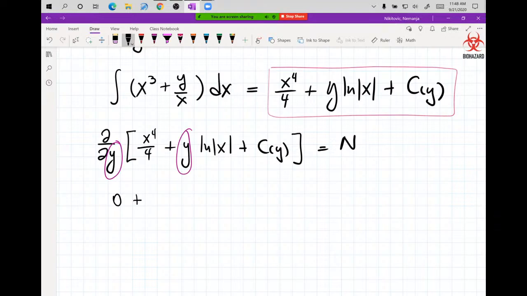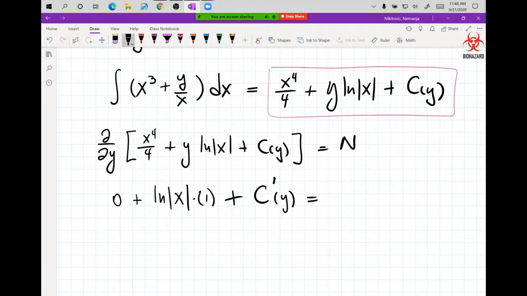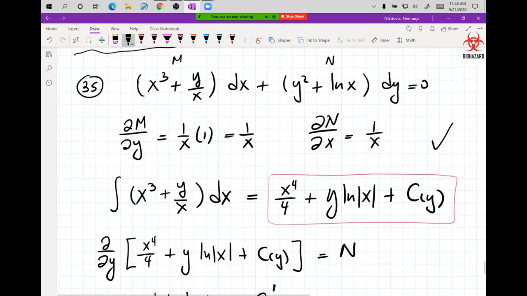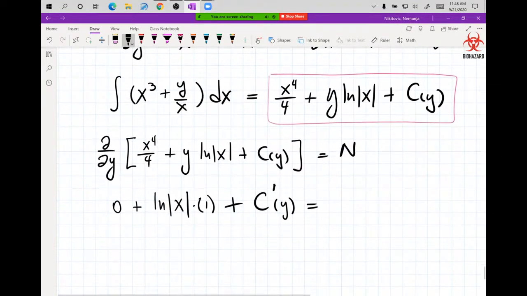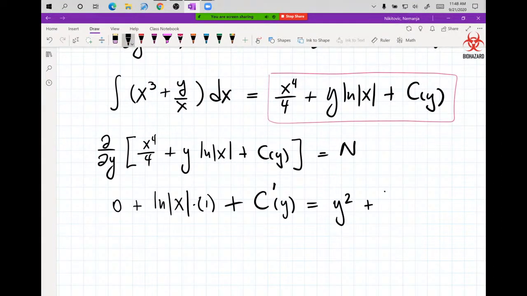So copy the constant and then times the derivative of y, which is 1, and then plus c prime of y is equal to y squared plus ln x, which is our N, right?